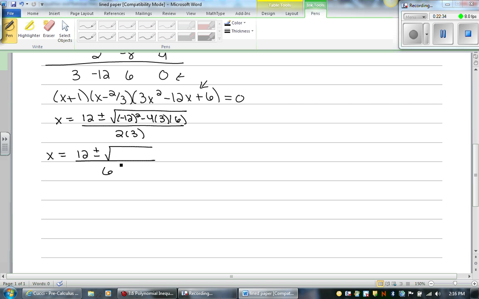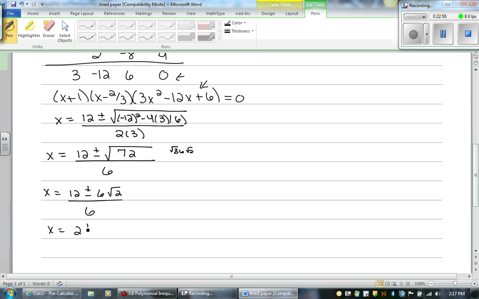So 12 squared is 144 minus 4 times 3 times 6, which is 72. You know, 72 can be divided into 36 and 2. So 6 radical 2.